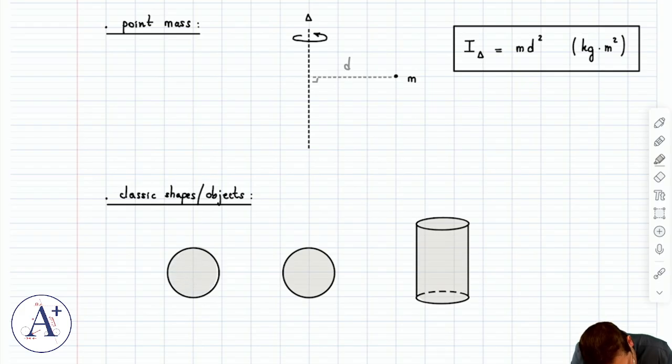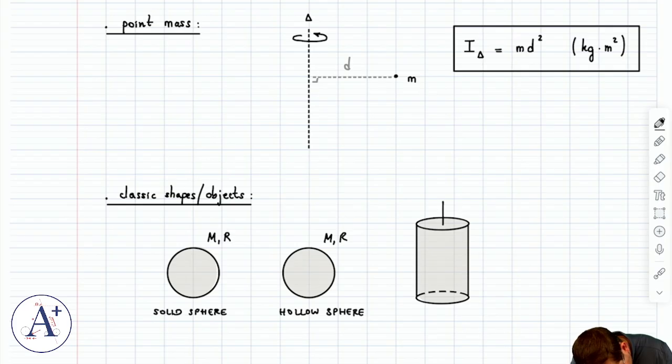Okay, so let's say that this is a sphere. It has a mass m, a radius r. This is a hollow sphere that has a mass m and a radius r. So this is a hollow sphere. This is a solid sphere. This is a cylinder, of course.